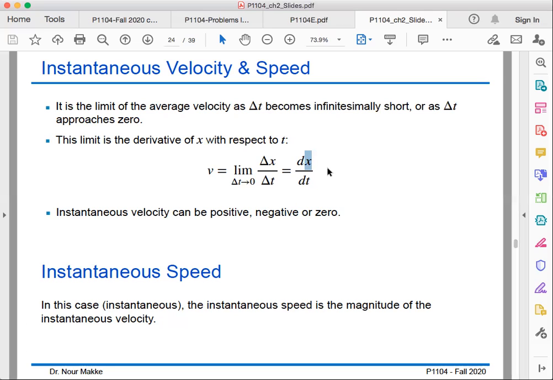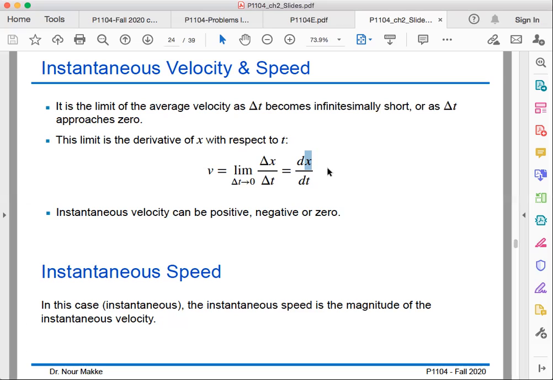Now, the instantaneous speed is also another notation and definition that we have to go through. The instantaneous speed is defined as the magnitude of the instantaneous velocity.